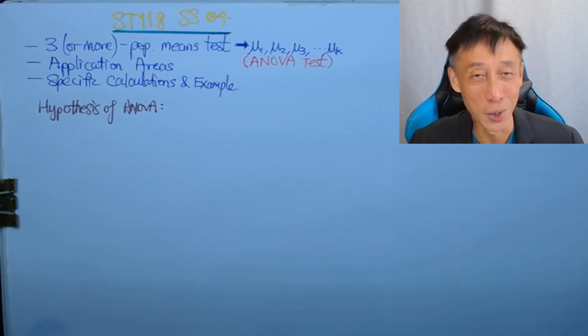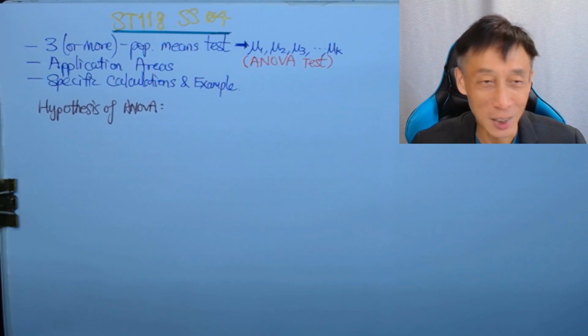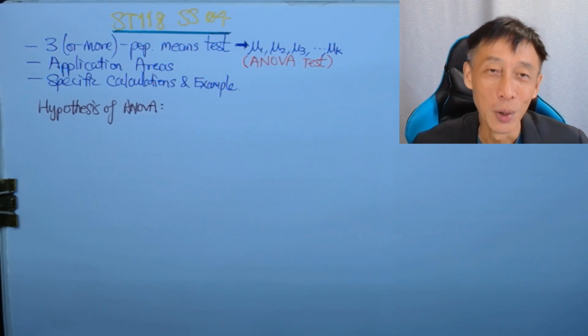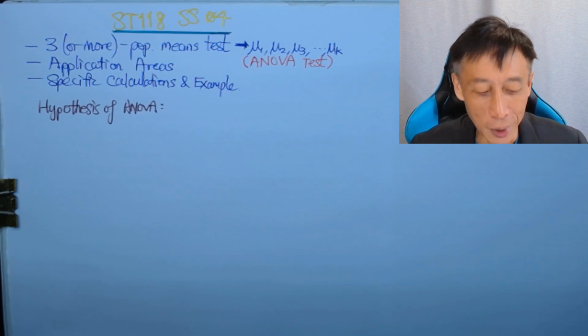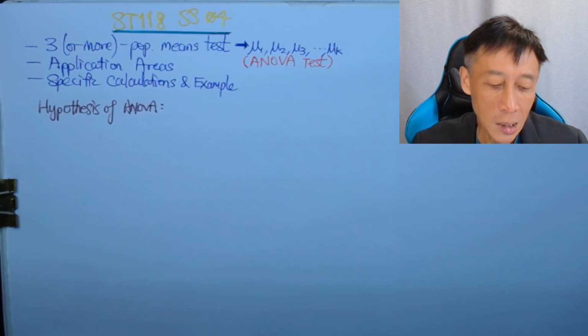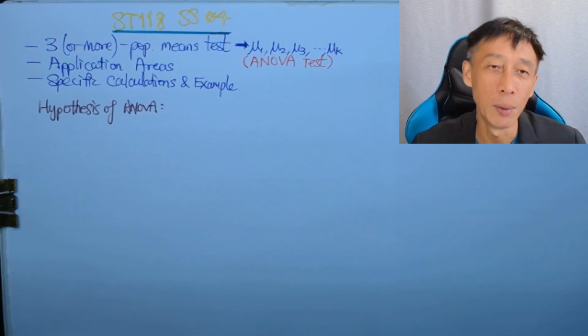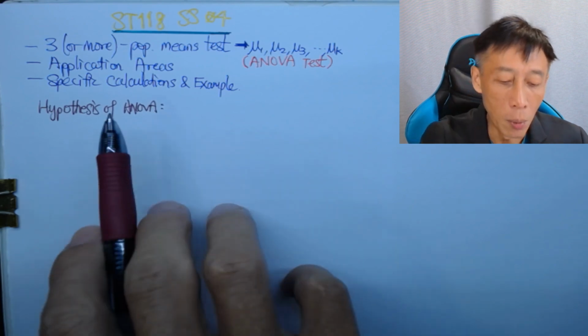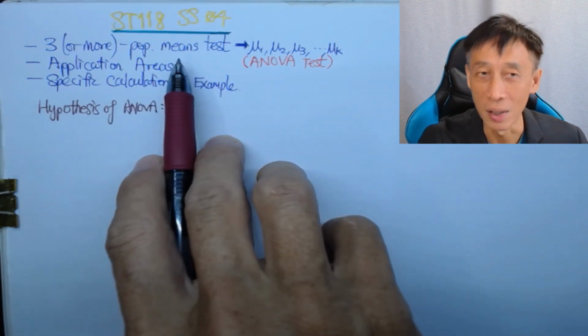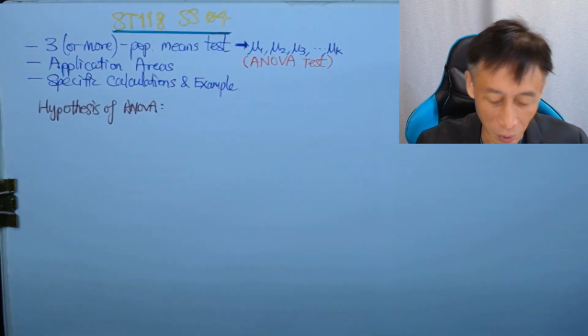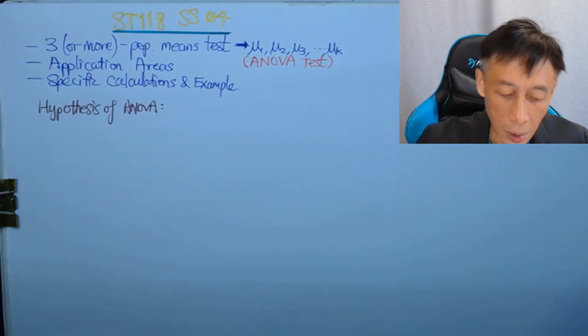Claim goes to H1, except equality claim. This is an equality claim. You'll see why. The hypothesis is fixed, never changing for any kind of ANOVA problem, any kind of three or more population means test. Even a 5 population means test has the same hypothesis, with a bit of extension, that's all.